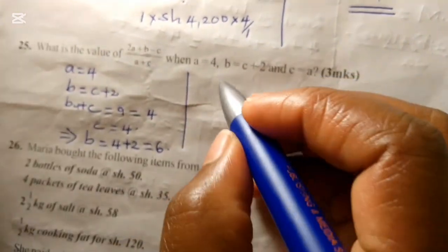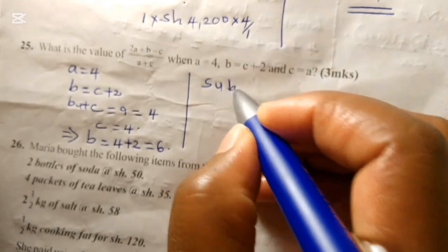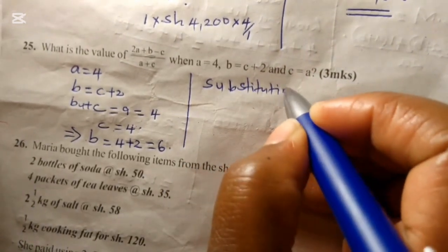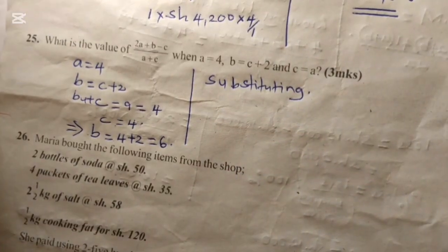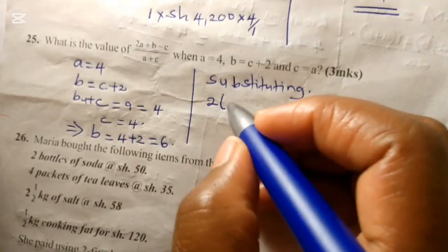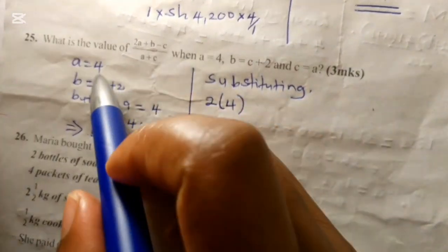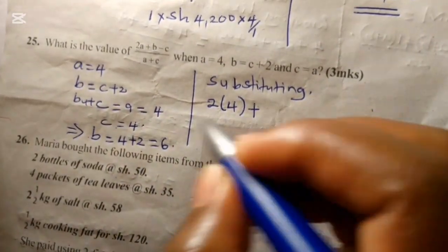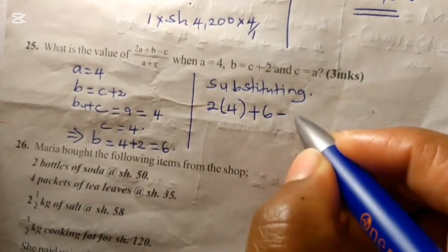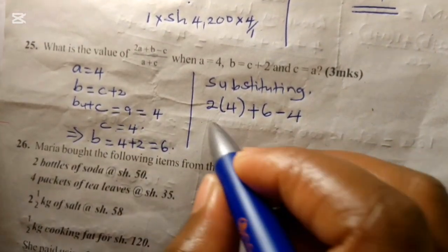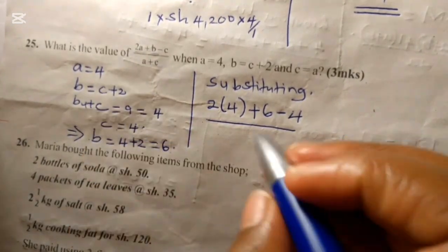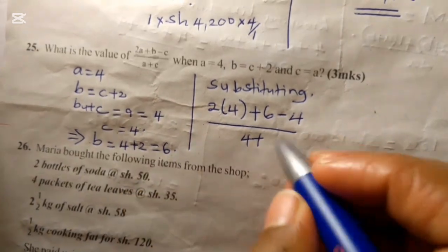So substituting, or replacing our values, we'll have 2 times a, which is 4, plus b, which is 6, minus c, which is 4, all over a, which is 4, plus c, which is 4.